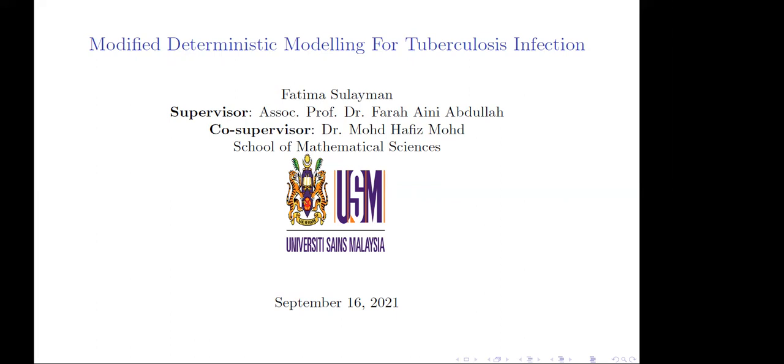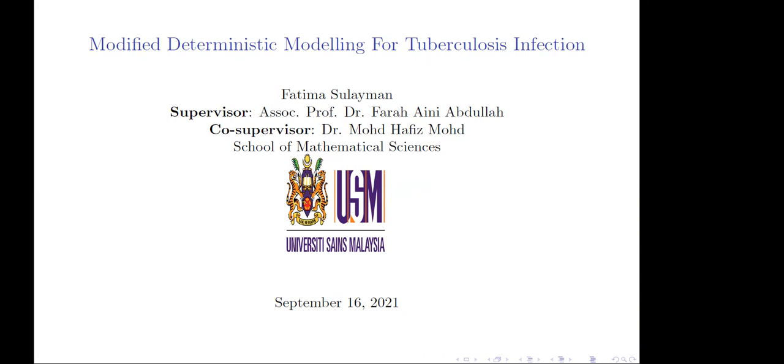Our first problem is to develop a basic model of TB. Then our second problem is to develop a TB model with the influence of public health education and hospital treatment.